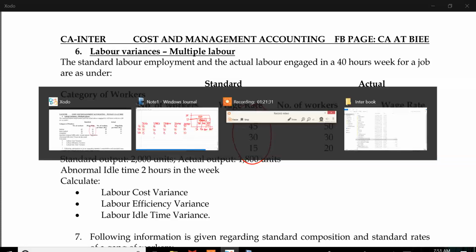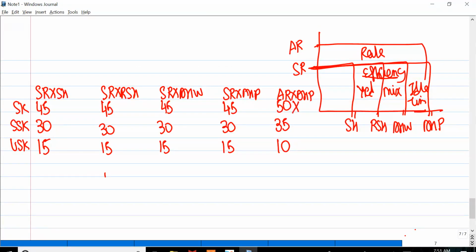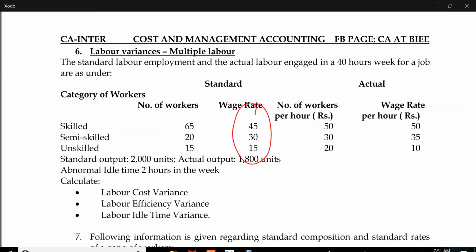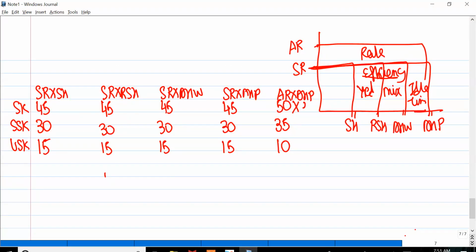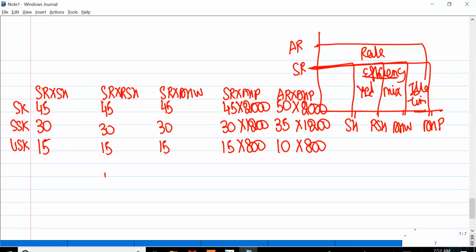So now write actual hours: 50 workers into 40 hours, 2,000, 1,200 and 800. 50 workers into 40 hours, 30 workers into 40 hours, 20 workers into 40 hours.